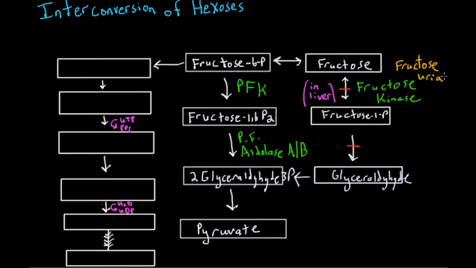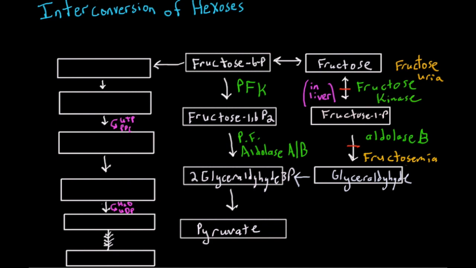However, if you're missing this next enzyme here, a lack of aldolase B is not benign as compared to fructosuria. So a lack of aldolase B will cause fructosemia. And it's also known as a hereditary fructose intolerance. And fructose will build up in your blood and it can cause coma or convulsions or even death in some cases. But the treatment is fairly simple.